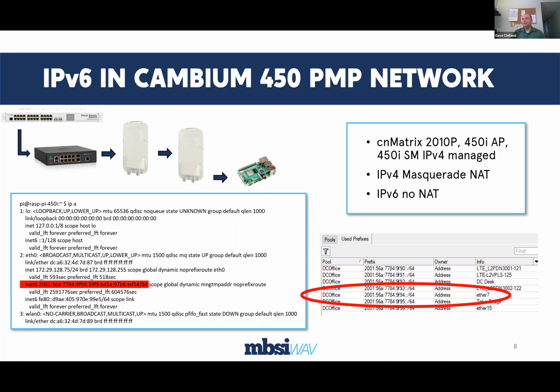So while the 450 has IP version 6 capabilities, I'm not using it. I'm only managing the 450s and the cnMatrix switch with IP version 4. But I've connected the Raspberry Pi, of course, to the output of the Ethernet jack of the subscriber module.